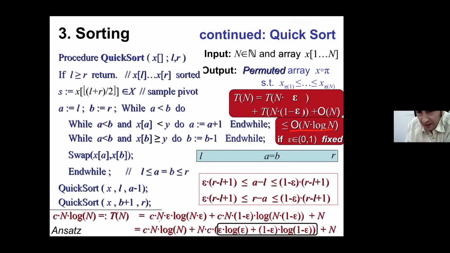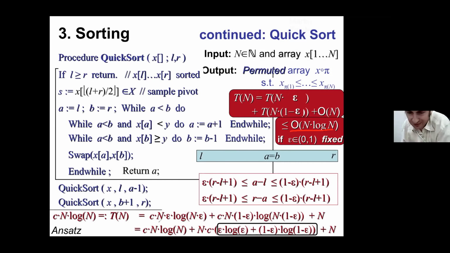And to fix this issue, we tried to design an algorithm that allows you to choose a pivot element S where epsilon is equal to 0.3. We were discussing this algorithm in as much detail as our lecture time permitted last time.